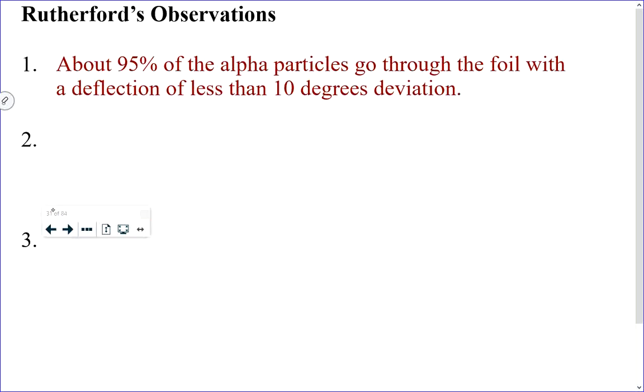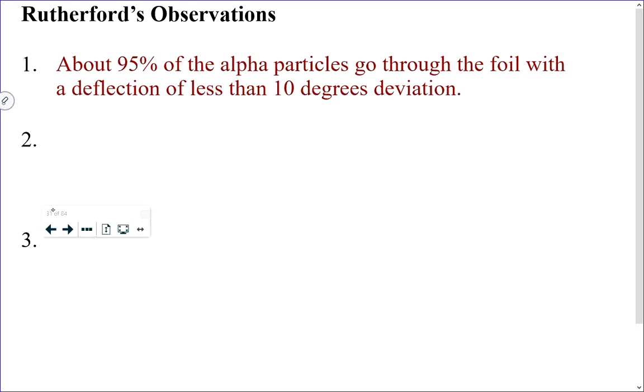So that leaves about 5%. Not all of the remaining particles, but almost all of the remaining particles are deflected through more significant angles. They're deflected between 10 degrees and 90 degrees. And I want to explain to you what that means.